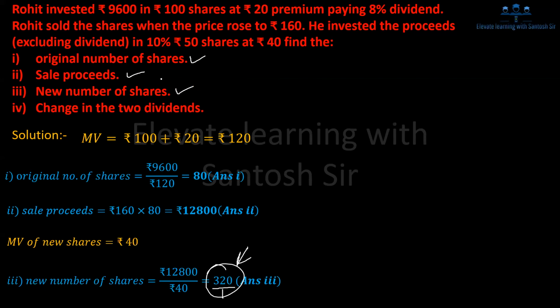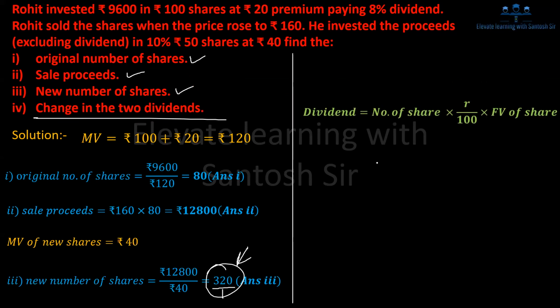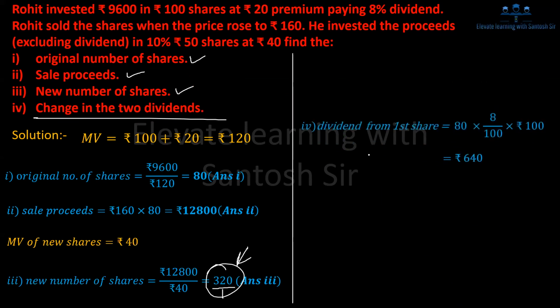So basically we have completed the first 3 parts. Now the fourth part asks us for the change in the 2 dividends. So let us find his dividend in the first share and then in the second share, and then find out the change. Dividend is given by number of shares into rate upon 100 into face value of share. Now for the first share, dividend is 80 multiplied by 8 upon 100 into 100, which is nothing but rupees 640.